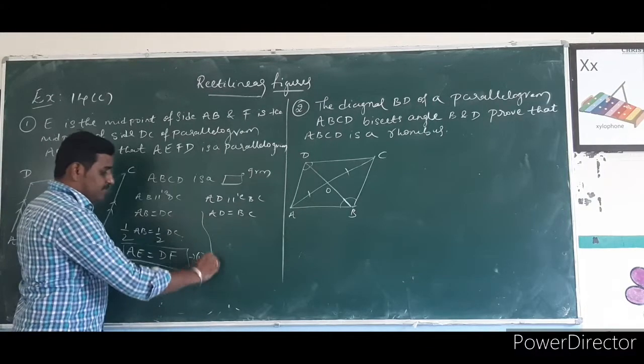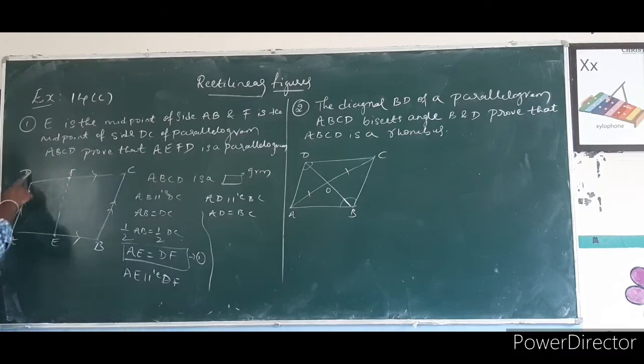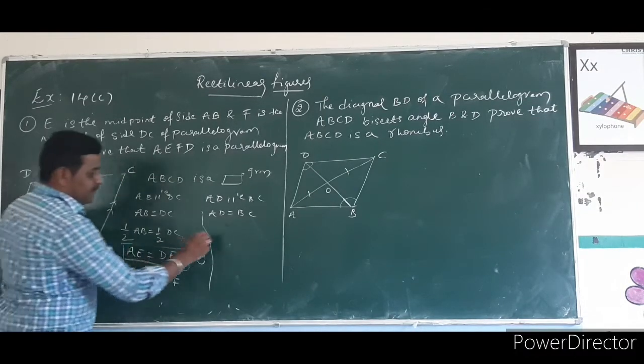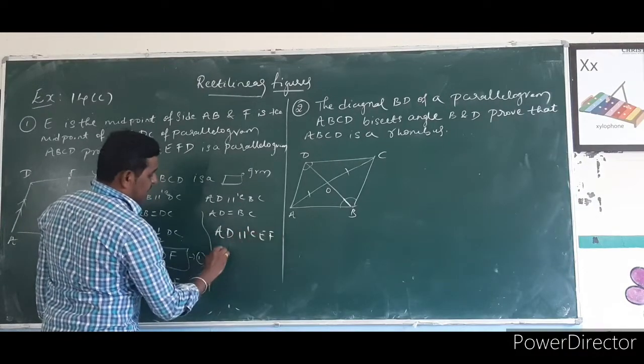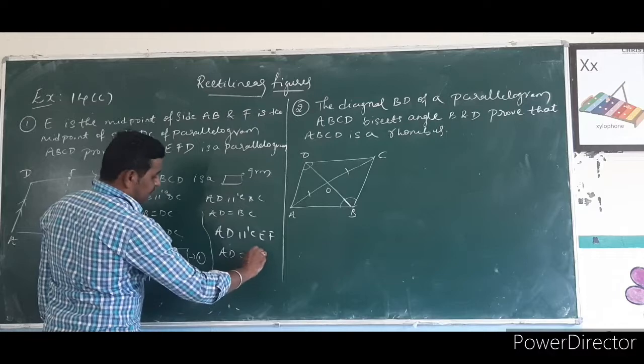Next, AD parallel to DC means AD parallel to EF. AD is parallel to EF and AD is equal to EF also.